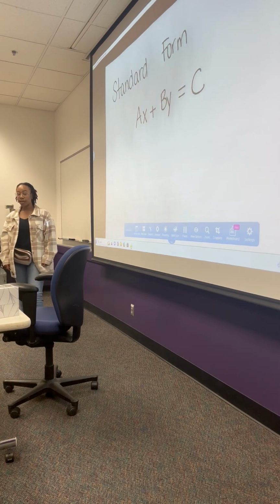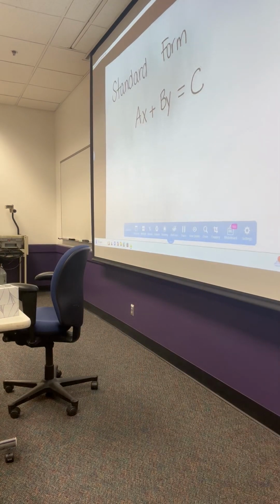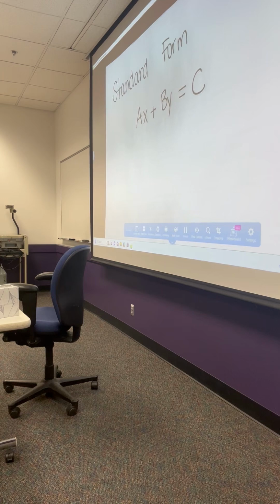Okay, just to add a little bit more to this, because of course it can't just be this directly, we have to classify what these numbers can be. So A, B, and C must be integers.